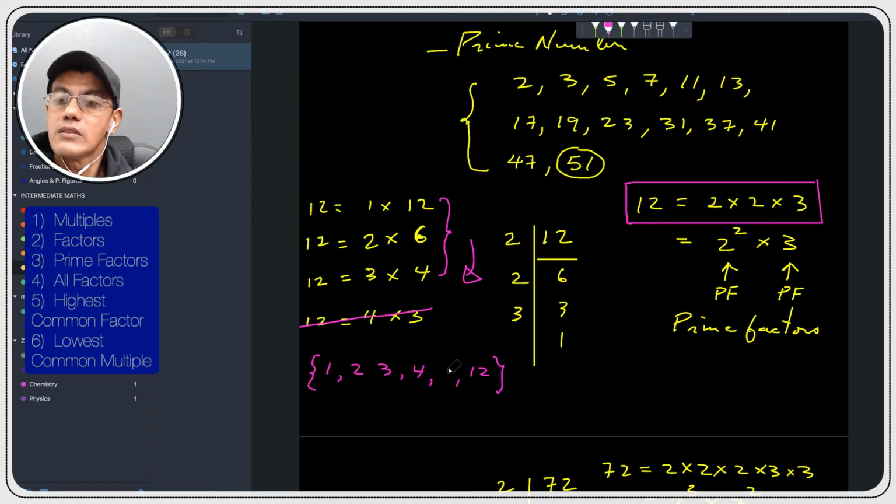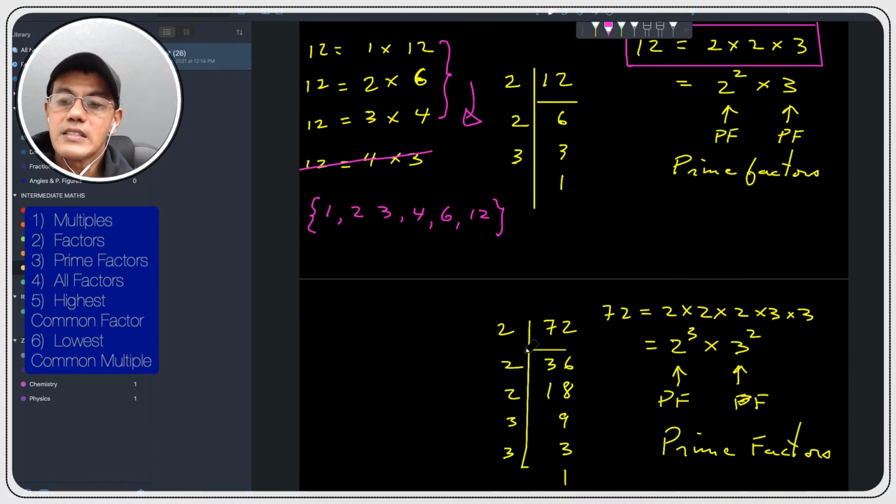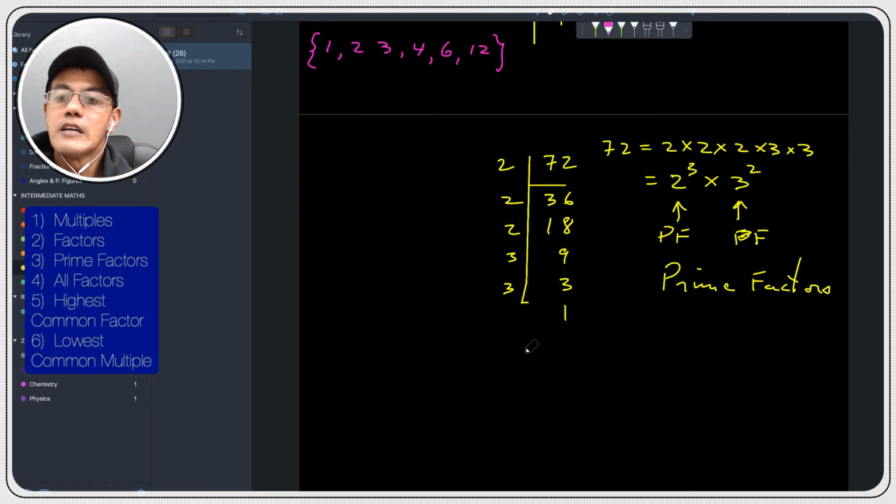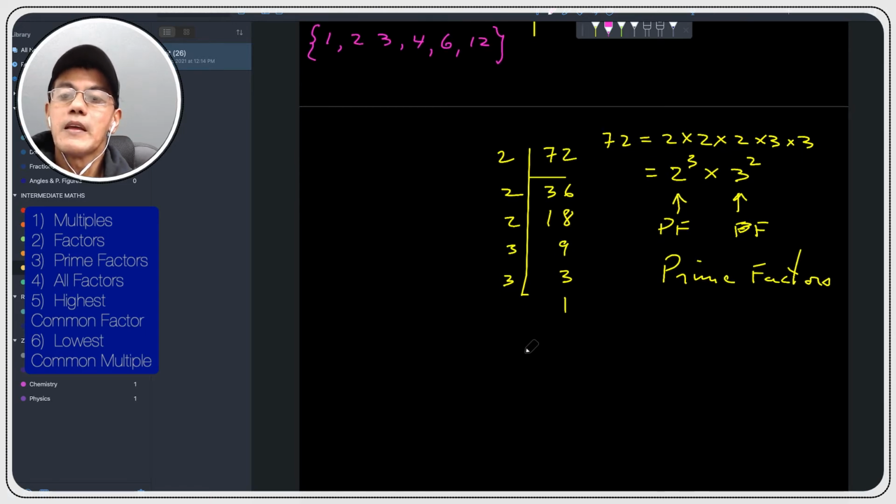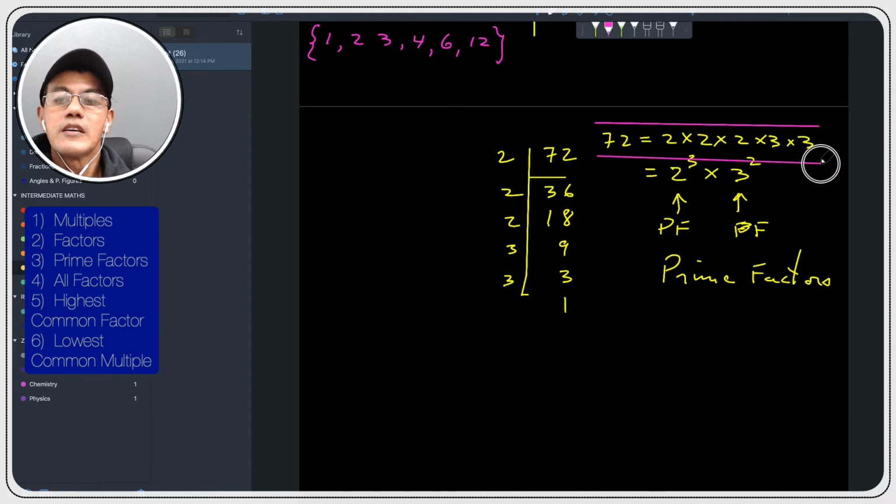So this is how much? We said this is 6, right? Good. Write that neatly. Let's do all factors of 72. Similarly, again, we can highlight this nicely. There. We'll pay attention to this part.